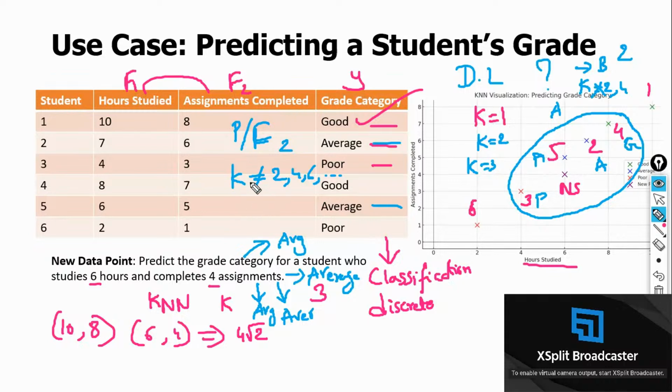If you take k equal to 2, that means two nearest neighbors, right? So what if one of my neighbors is pass and one is fail? If my new data point is sitting here, to whom should I go? Should I assign it to pass or fail? This is called data ambiguity. Ambiguity comes into the picture. Here the model cannot predict anything.